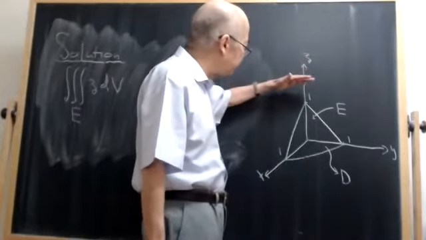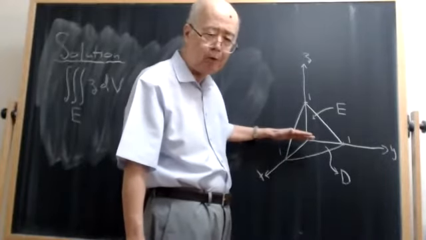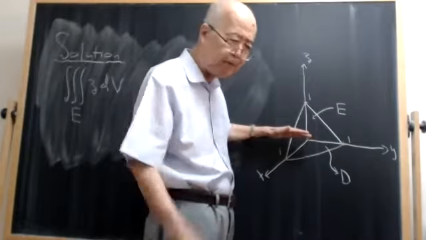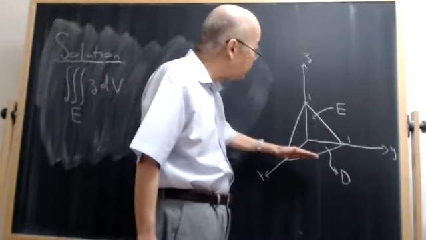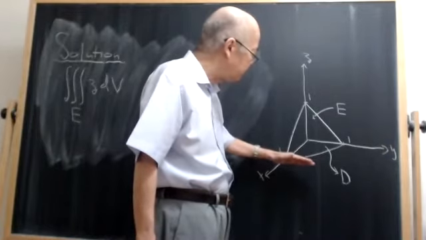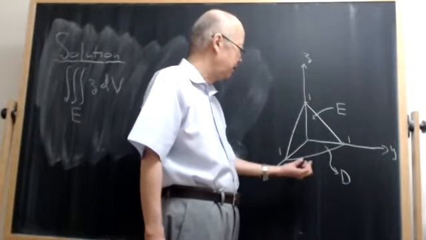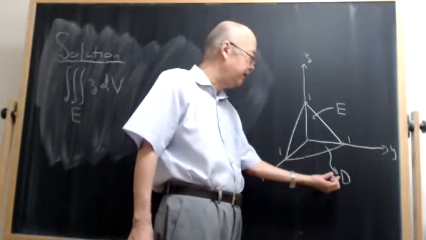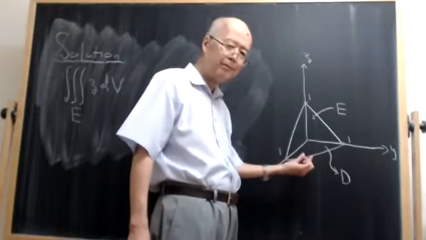Now, if you project this region, which is a tetrahedron, I mentioned that before, when you project this onto the xy plane, what do you get? D. But what is D? A triangle.